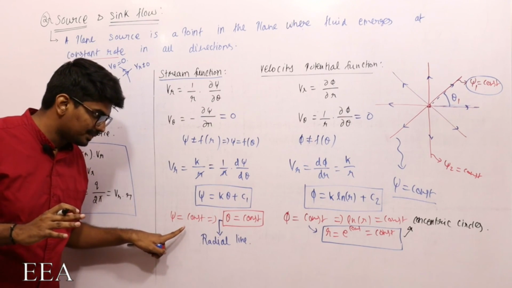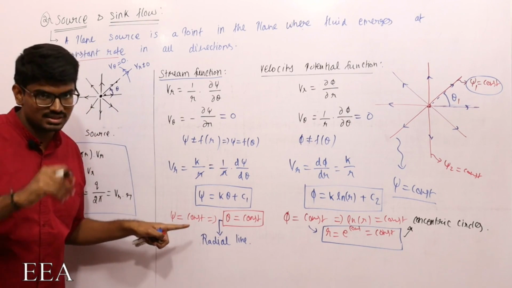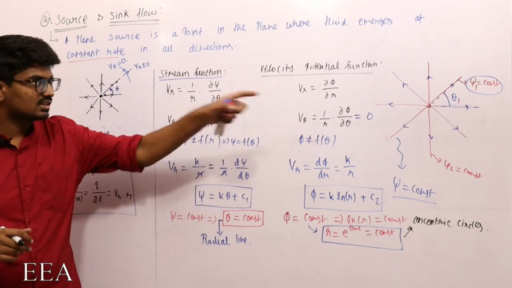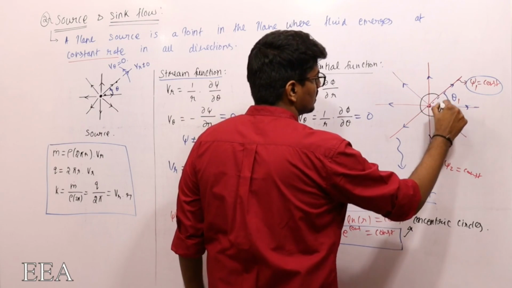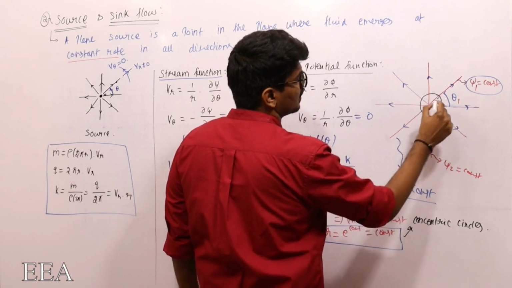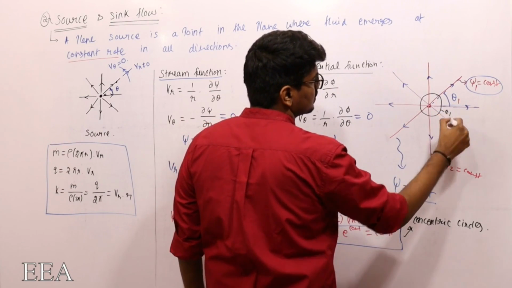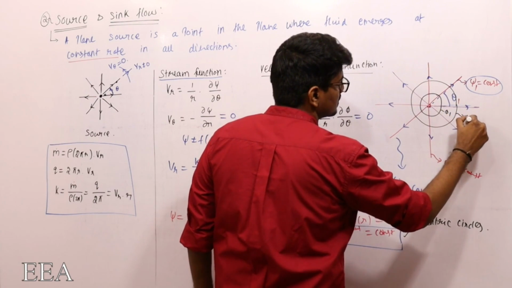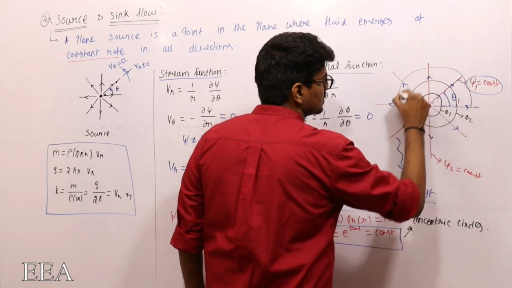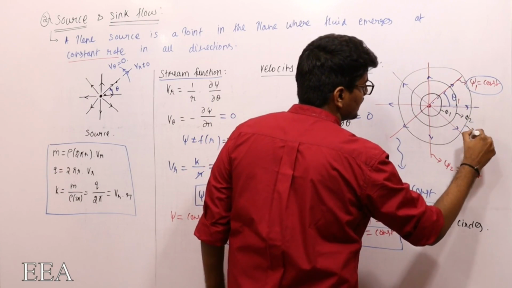Similarly, constant stream function is a radial line. And how does it look? Simple. For some radius R1, this is psi 1, and similarly this is psi 2, and this is psi 3.